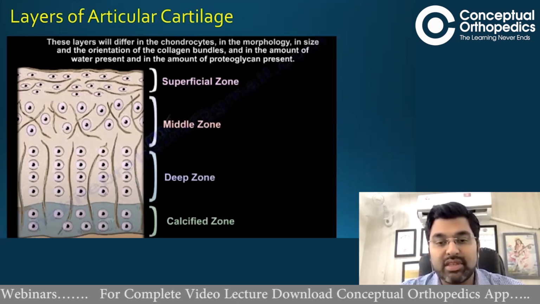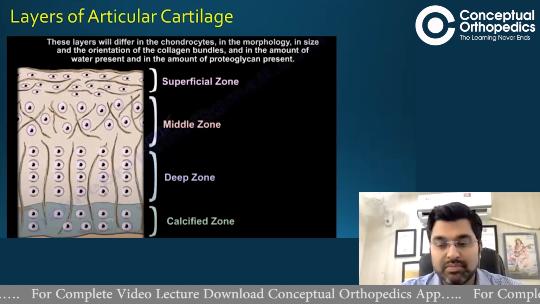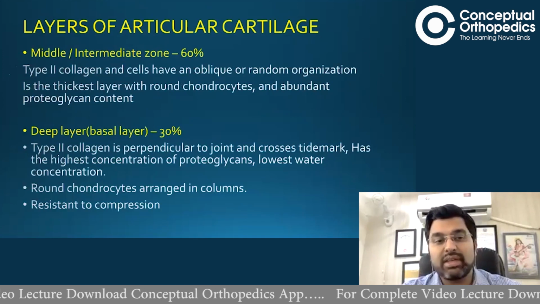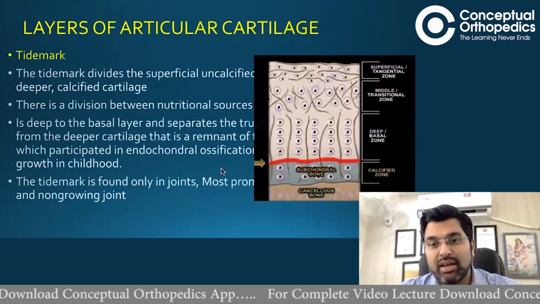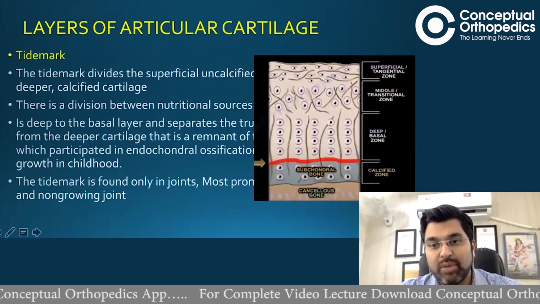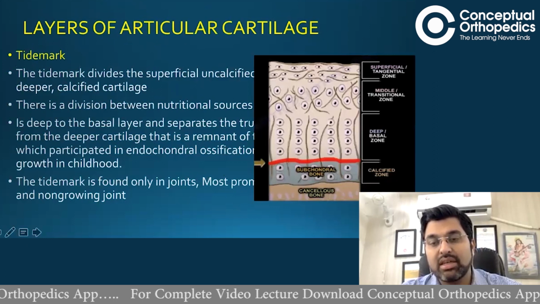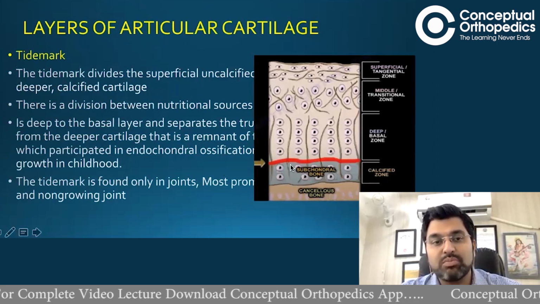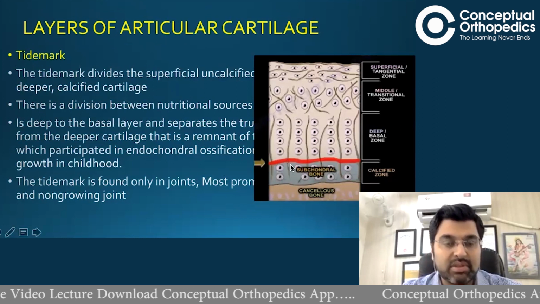Finally, we have the last, calcified zone. This calcified zone is divided by a layer called the tide mark. This divides the non-calcified cartilage from the last bit of calcified cartilage.